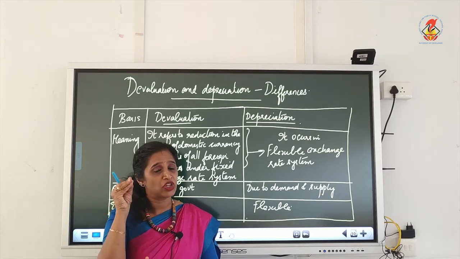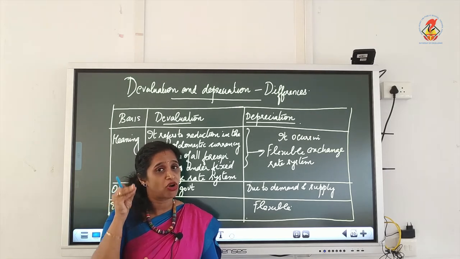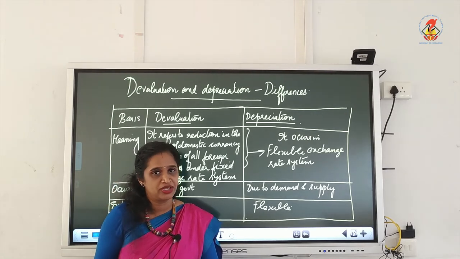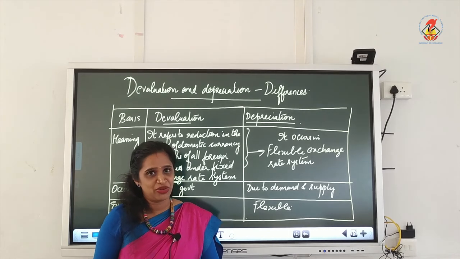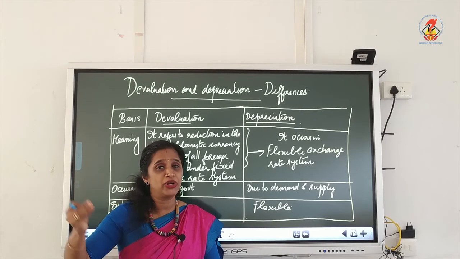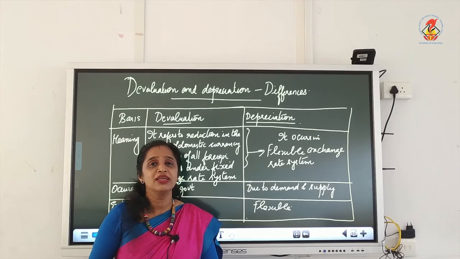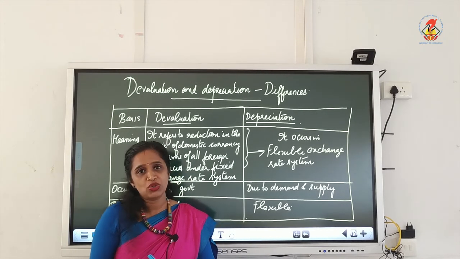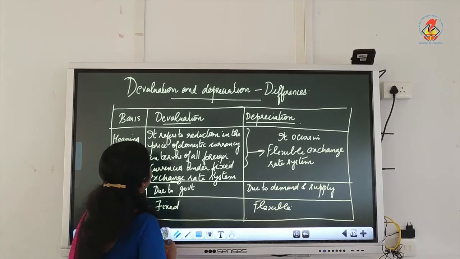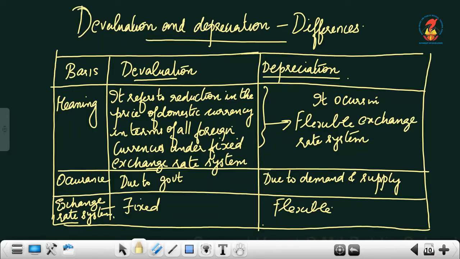So, when the price of the domestic currency comes down due to the conscious effort of the government, we call it devaluation. But depreciation is not happening due to the conscious effort of the government. There the role of the government is completely absent. It is due to the forces of demand and supply. So, if the price of the domestic currency is reducing due to the effort of the government, it is known as devaluation. If it is due to the forces of demand and supply, it is known as depreciation.